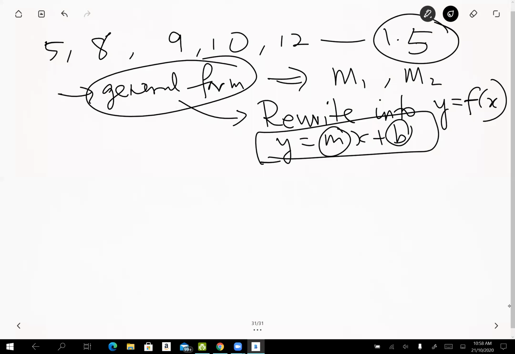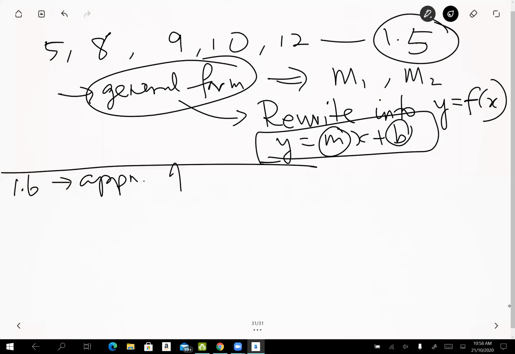If there is no comment, I want to move on to 1.6. Now, 1.6 is the application of the system, the application of 1.5. There are two applications that we are going to look at, mainly business and economics applications.